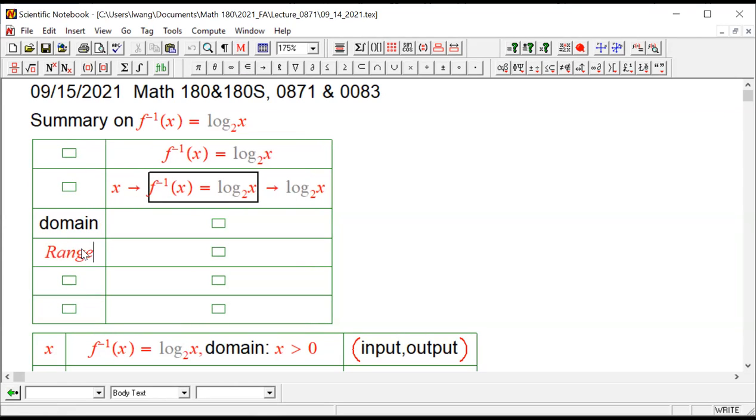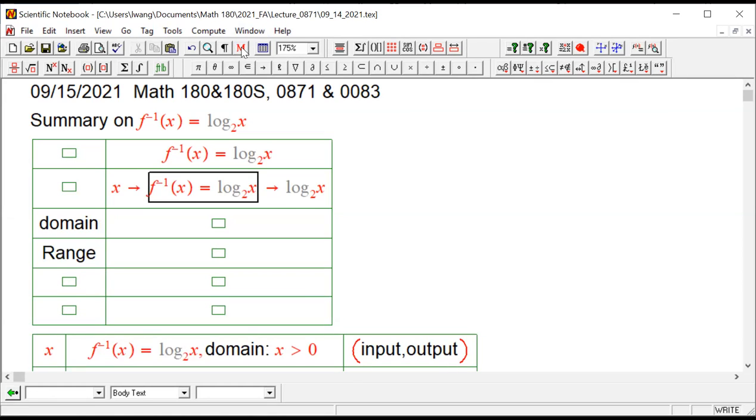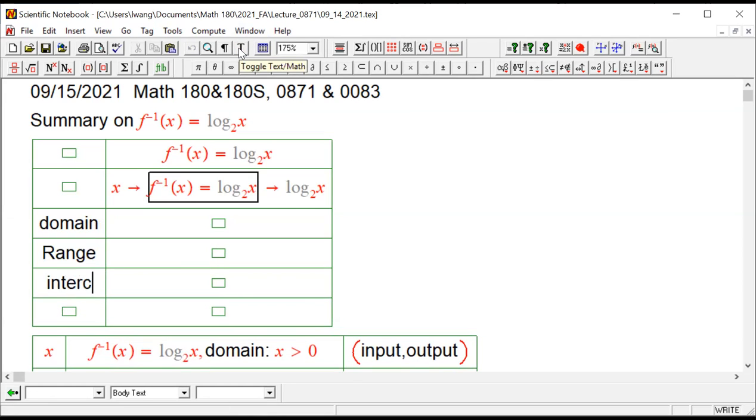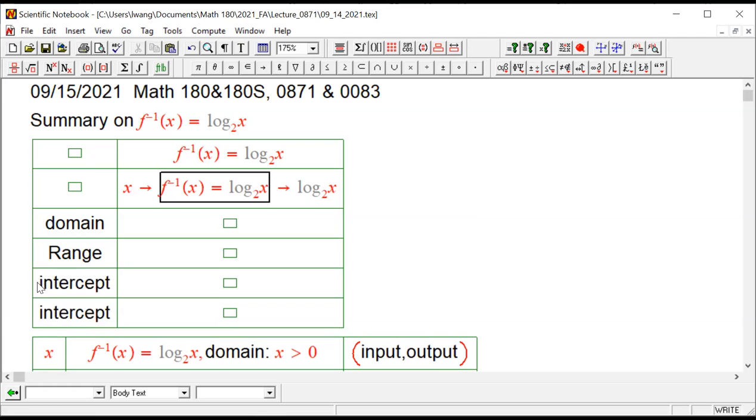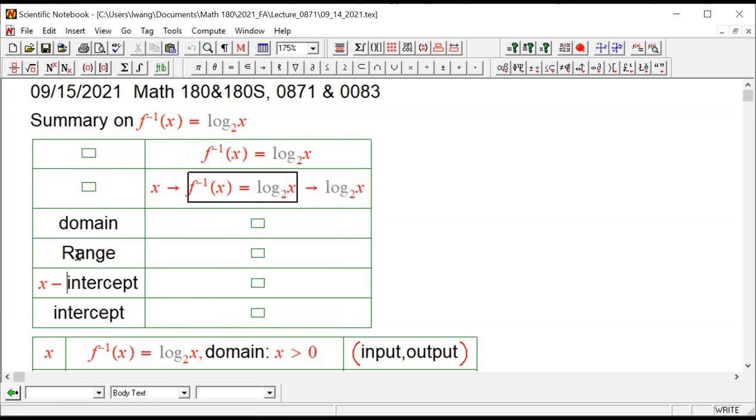Range, intercepts. What have you? Intercept. X-intercept, Y-intercept. What is the domain?